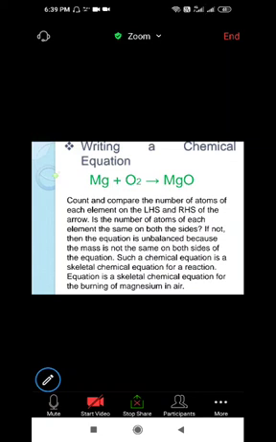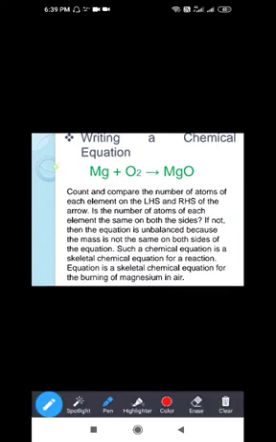No, we can write its symbol. So instead of magnesium, we can write Mg, and for oxygen, we can write O2. So this magnesium and oxygen are reactants. So we have written them on the left hand side, and there is a plus sign between them.